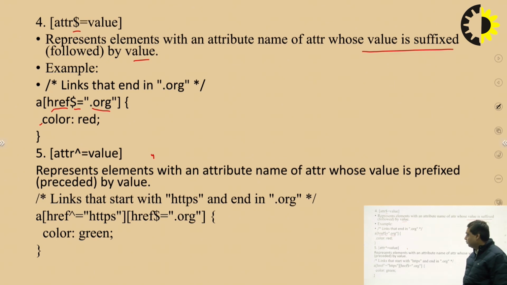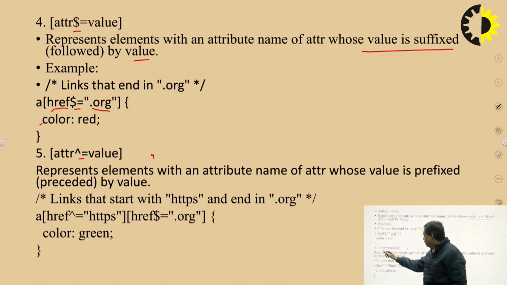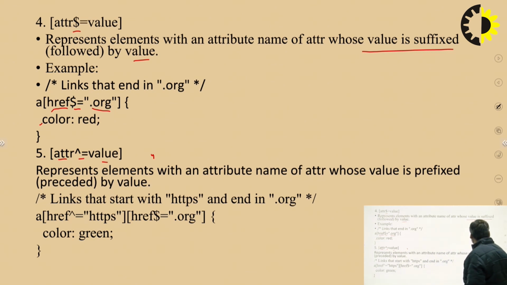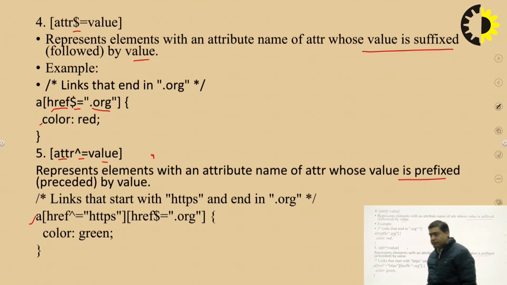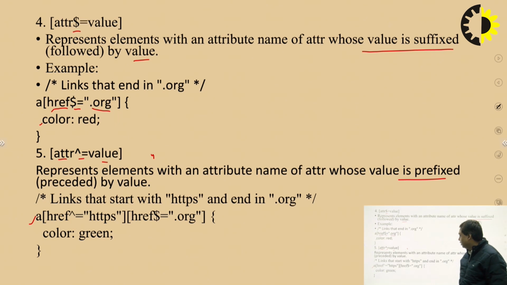Fifth rule is where we are using the caret symbol with attribute and value. So the caret symbol represents that the value must be prefixed by a value. Here you can look at the example. We have an anchor tag, and we are applying both the caret symbol and dollar symbol conditions, that is the prefix symbol and suffix symbol, on our href attribute.